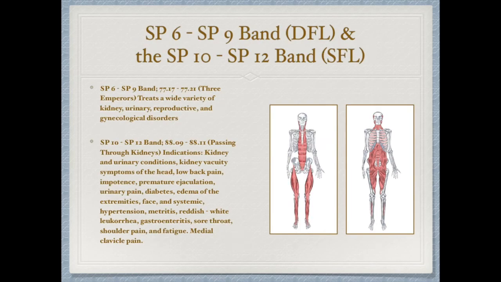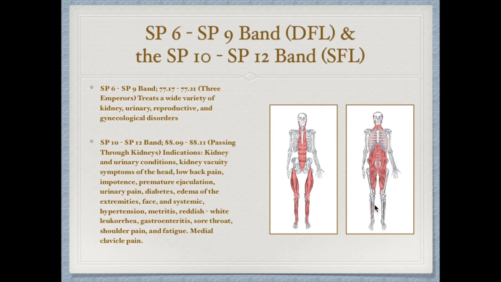As an example, I want to show you something here. This is really important to consider and reflect on. We can talk about a region of points here between spleen 6 and spleen 9, and they'll have certain distinct effects.